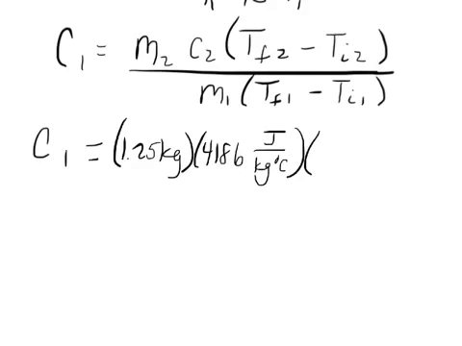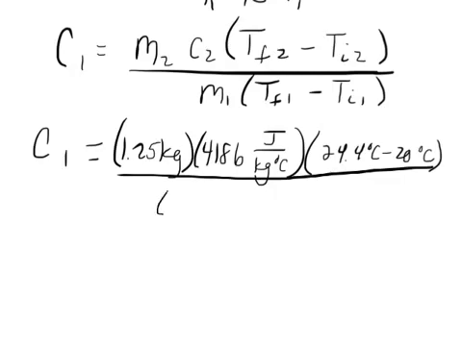Times the change in temperature. And remember the final temperature was 24.4 minus the initial temperature. The initial temperature was 20 degrees. And these are both in units of degrees Celsius. I should really put that in here. Let me correct that. 24.4 degrees Celsius minus 20 degrees Celsius.